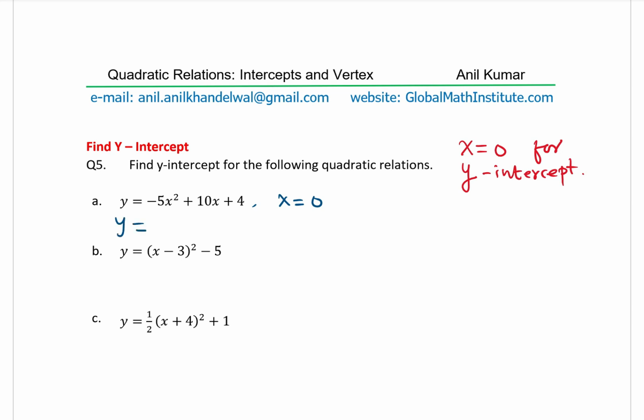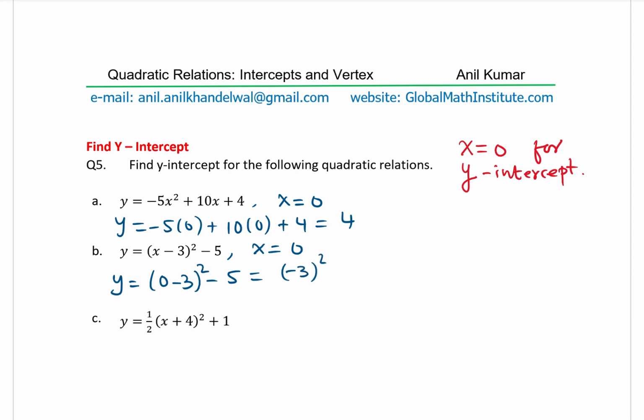So y equals minus 5 times 0 plus 10 times 0 plus 4, and clearly it is 4, right? The next equation again, we will equate x to 0. So we have y equals 0 minus 3 whole square minus 5, which is minus 3 whole square minus 5, or 9 minus 5, which is 4.